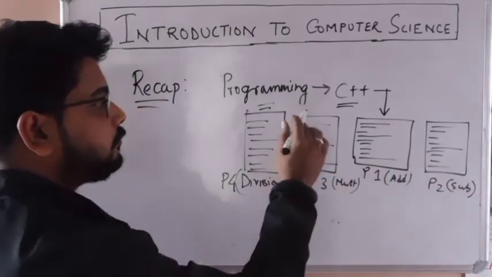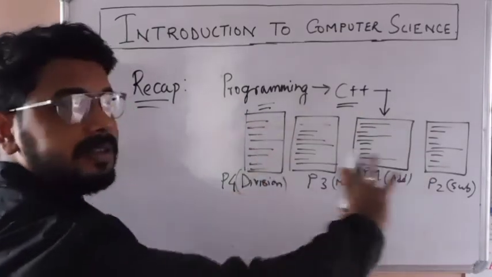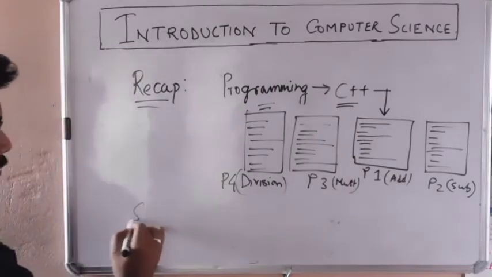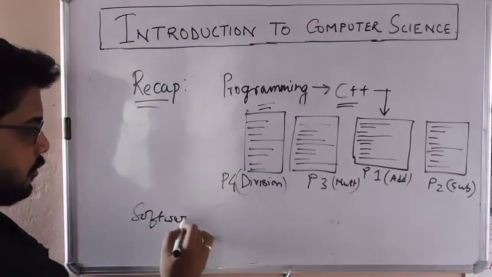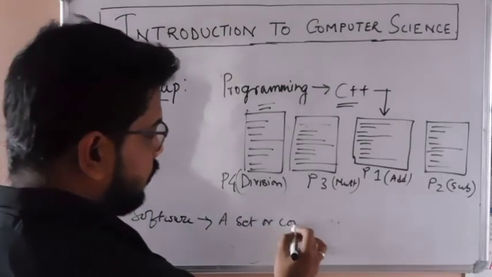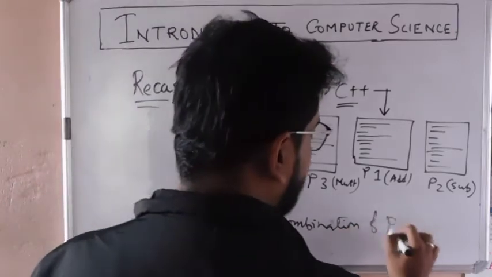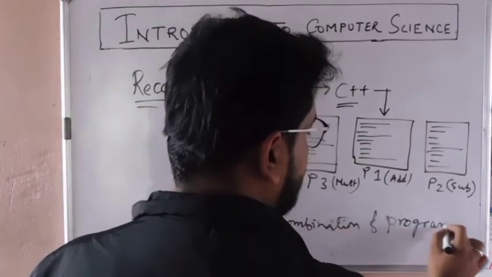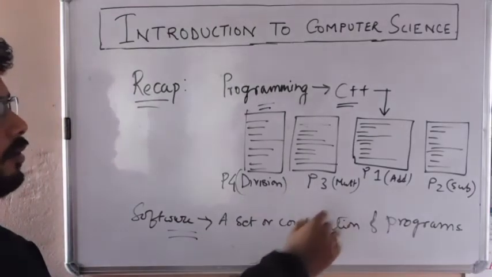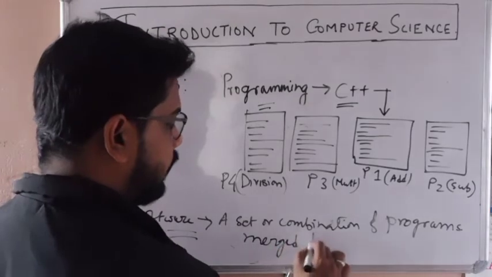Now, see, this is the basis of a software. What is a software? Software is basically a set or combination of programs merged together.